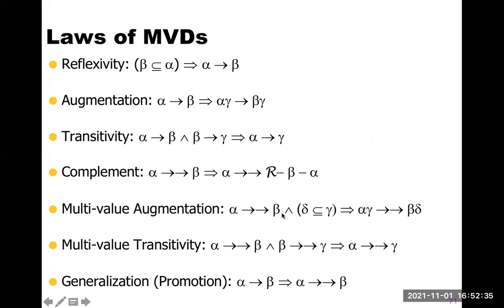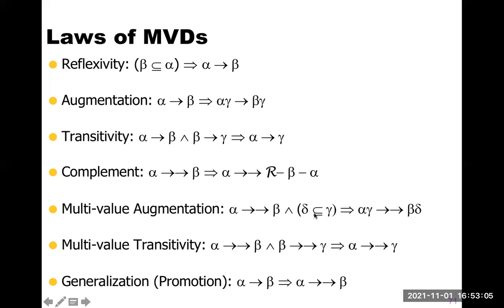Multi-value augmentation. We may augment it not by just the same gamma. So add gamma here and add gamma here, and then the dependency continues to exist. But at the same time we may augment the left part with something bigger.